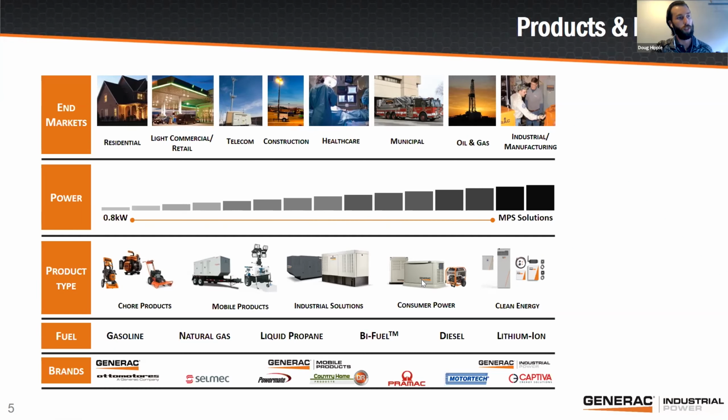We also recently, 2 years ago, got into clean energy with residential energy storage systems and batteries to complement solar and make solar a bit more effective. And then the product that we're here to talk about today are larger industrial product offerings. All of our products can be offered through a variety of different energy technologies, whether that's traditional petrol, gasoline, diesel fuel, biofuel, which leverages both diesel and natural gas, propane, or lithium ion in the case of the batteries.